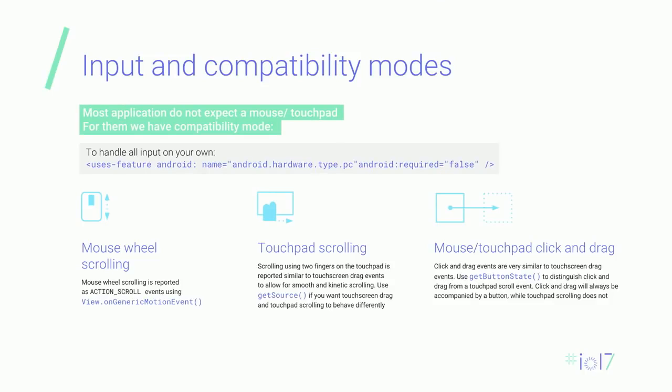That means you're actually getting the proper scroll events, and you can distinguish the two-finger touchpad scrolling from the touch screen scrolling by looking at get source, and you can also distinguish the drag and drop operation from the touchpad scroll action.